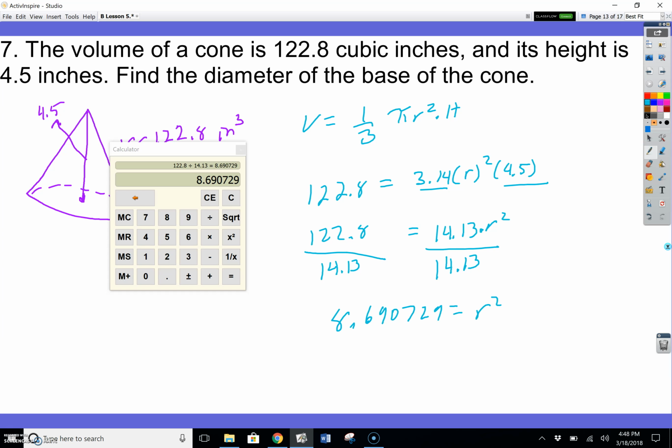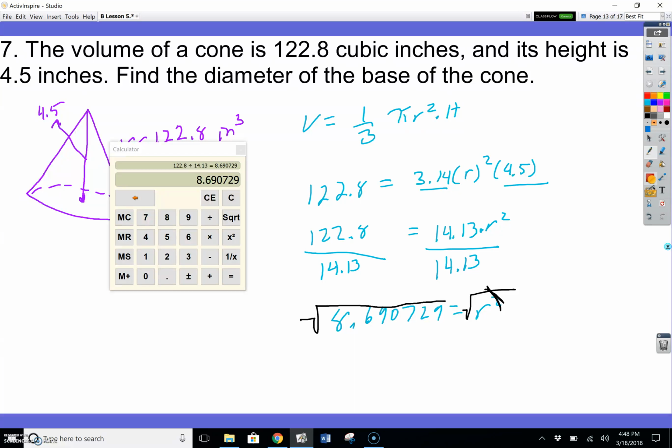Now we need to get r by itself, so we need to get rid of the squared. In order to do that, we use the square root. Those are like opposites of each other. How do you get rid of addition? You do subtraction. How do you get rid of division? You use multiplication. Similar to that, this is how we get rid of r squared.